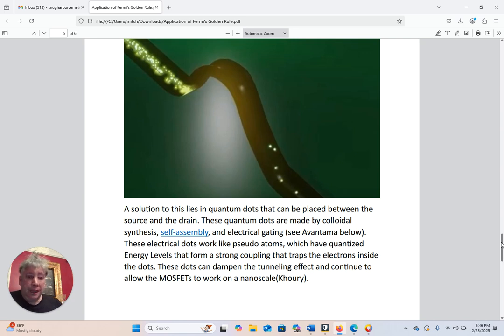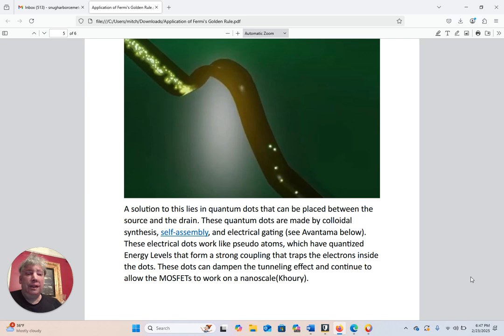And these quantum dots are made by what's called colloidal synthesis, self-assembly, and electrical gating. There's an article below by Avante that explains how they're made. They're made basically at 100 nanometers.